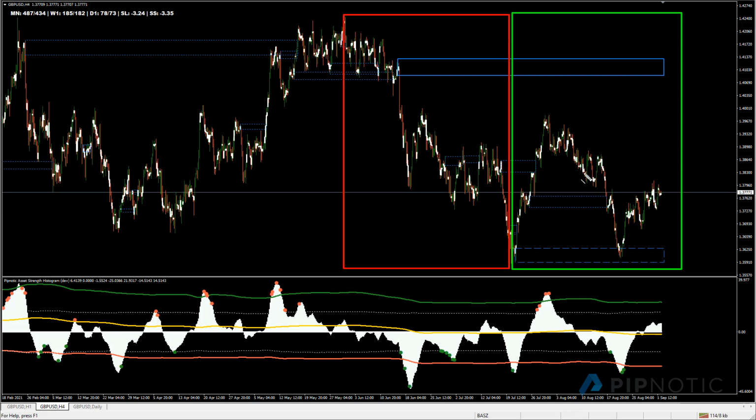Here we have an area that was formed below price, and this was formed on the green side of the market, so that tells us that this is okay to buy. Should this have formed on the other side, then we can't do it. We can't use that one because price had not come down, but looking at this one here, we have an area of supply, and this was formed on the red side, and so we can sell here.